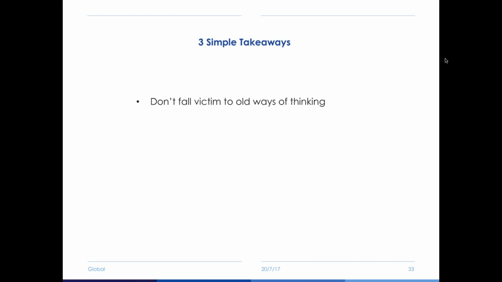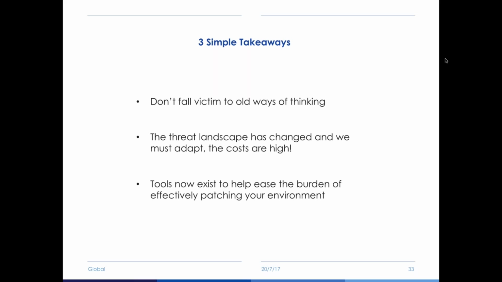So in summary, wrapping up today, 3 simple takeaways as we always like to provide. Don't fall victim to old ways of thinking. I know it's easy to kind of get into routine. I'm a very routine person myself. I like routine. But you know, when the ground's changing underneath us, we need to be able to adapt to that. So we have to catch up to the reality of the way things are today. As we just said, threat landscape has changed.